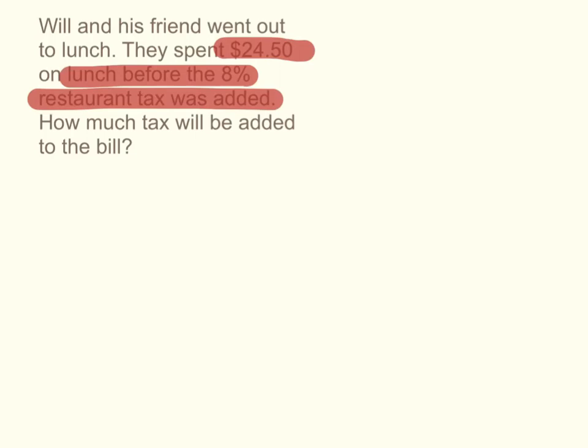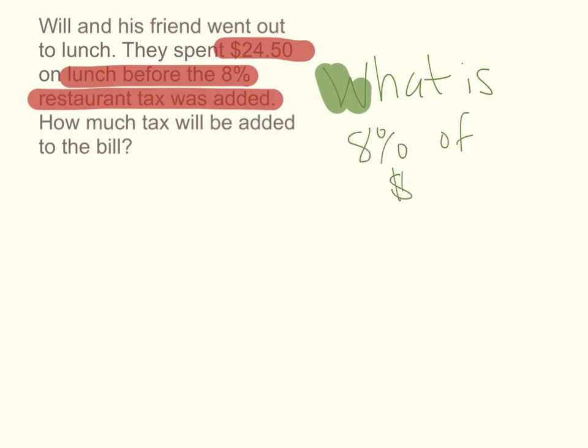So I really want to know what is 8% of $24.50? And so if you were paying attention on the first couple of slides, we've already solved problems like this. So now we've just taken our simple word sentence and put it into the context of a scenario or a situation that's more real life.